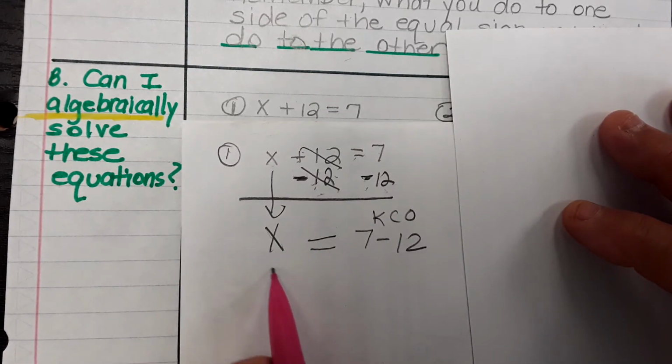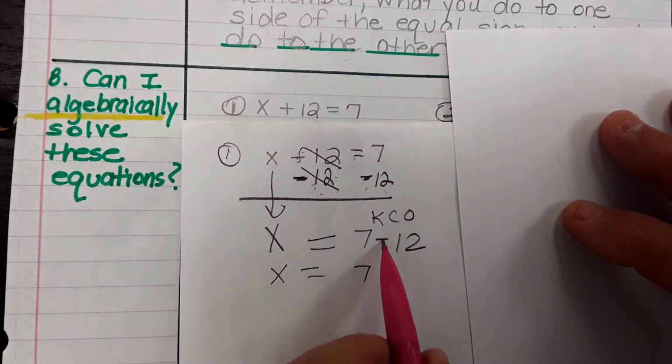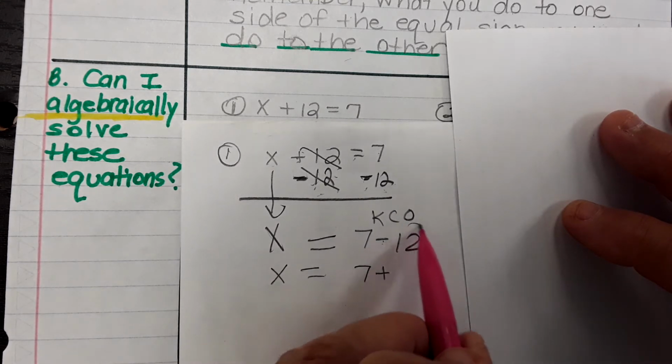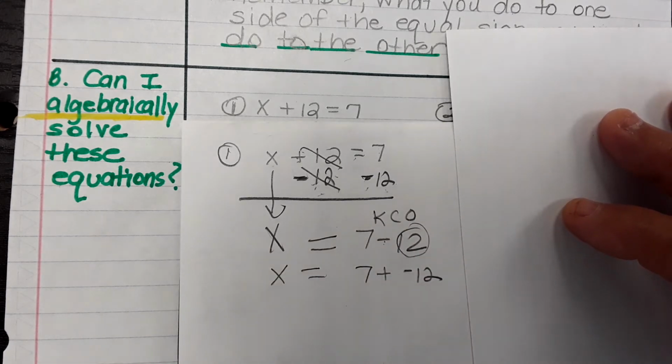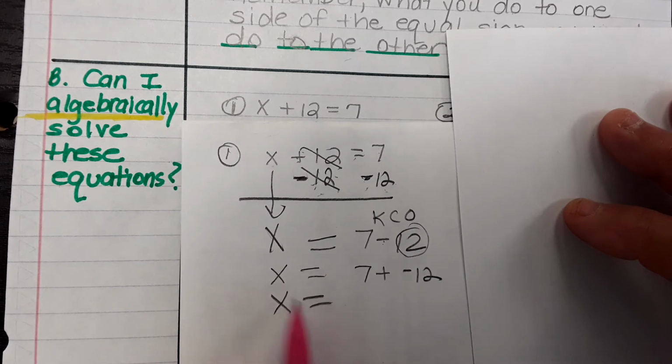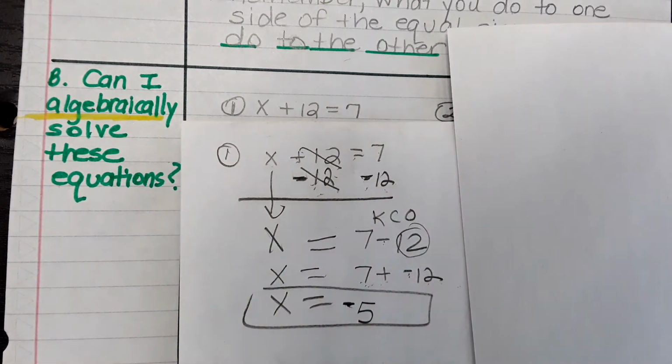So now I've got x equals, I'm going to KCO it, 7, change subtraction to addition. The opposite of positive 12 is negative 12. And now to finally get my final solution, to add a positive and a negative, you subtract and keep the bigger sign. So I know 7 from 12 is 5, and there are more negatives, so I'm going to keep my answer as negative 5.